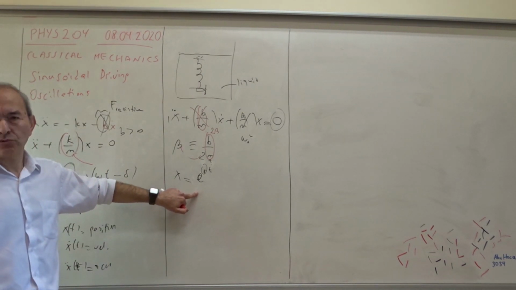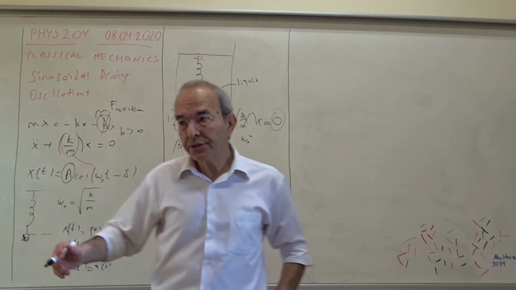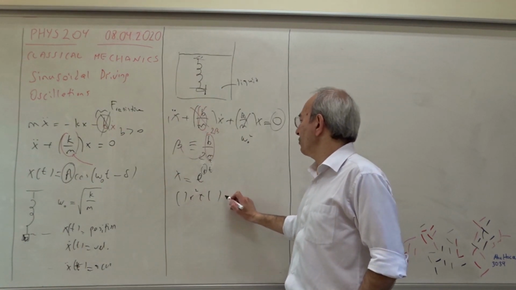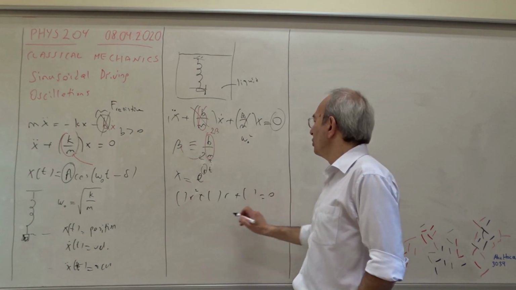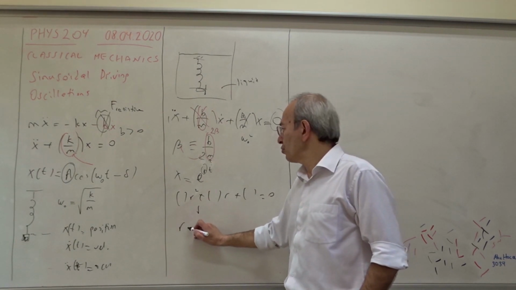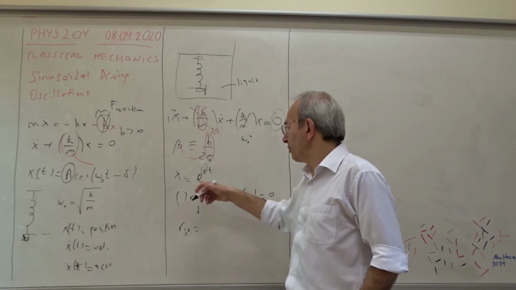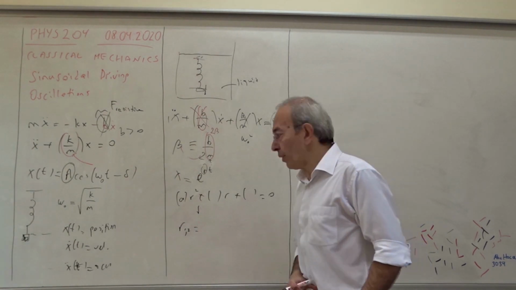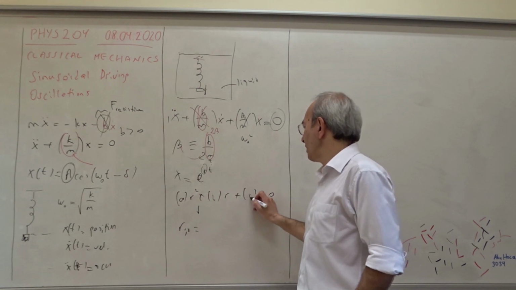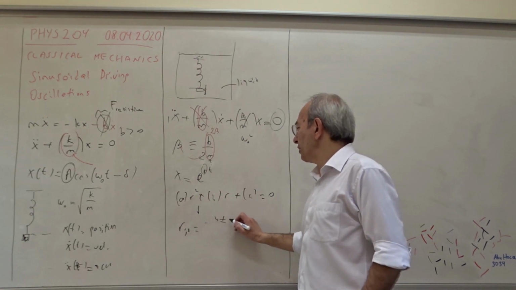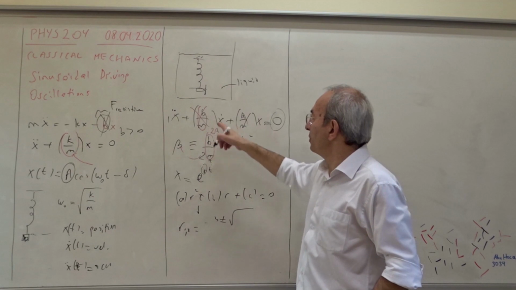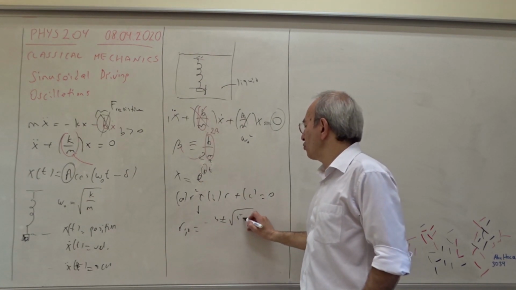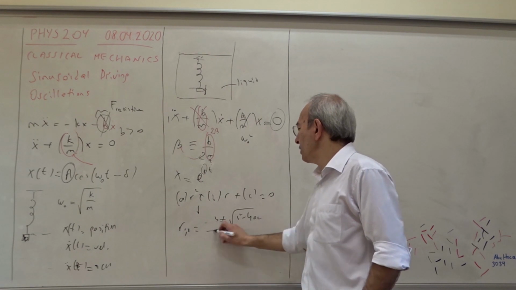And then R is found. How? We write this equation in the form something times R squared plus something times R plus something equals 0, and we find the roots using the expression we already know from quadratic equations: a times R squared plus b times R plus c, so R equals minus b plus or minus the square root of b squared minus 4ac, divided by 2a.